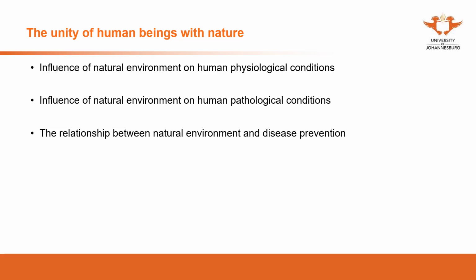Because our human body is affected by these natural environments, if we understand the laws and principles of these environments, we may use them to improve our health as well as to prevent diseases.